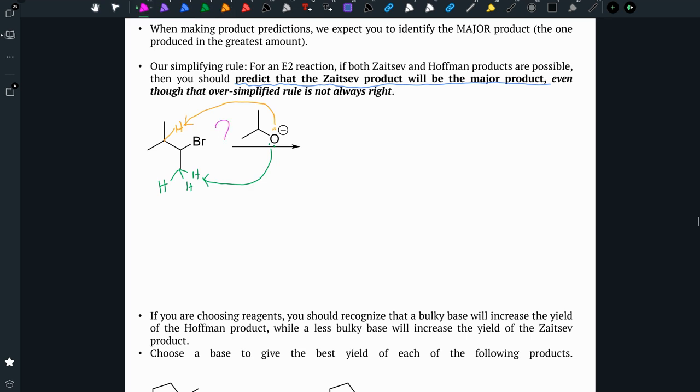And the question is, which one am I going to do? They'd give me two different products. So one would give me a Zaitsev product. The other one would give me a Hofmann product. And the question is, which is the major product? I want you to predict that the Zaitsev product is the major product.